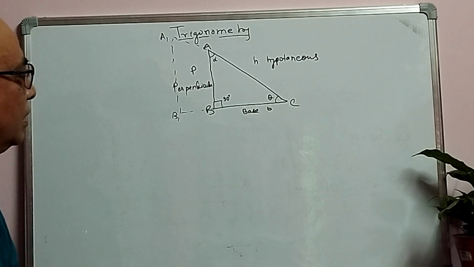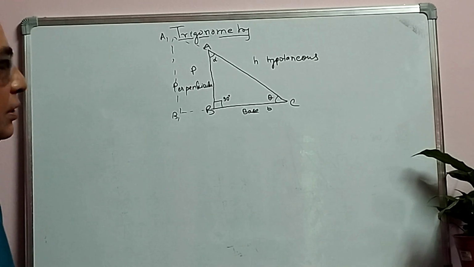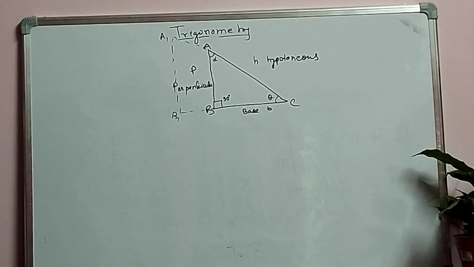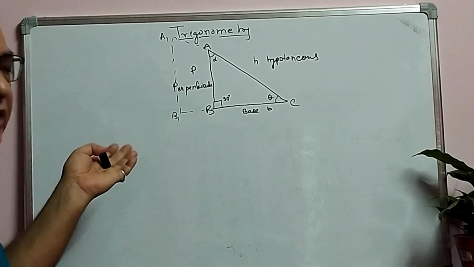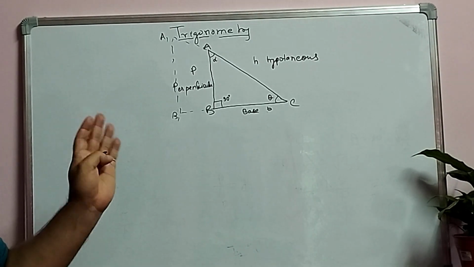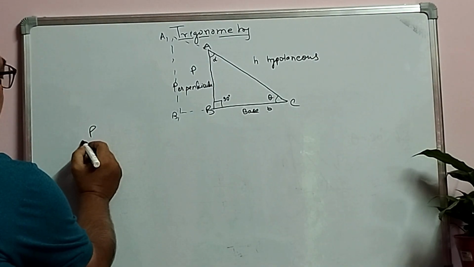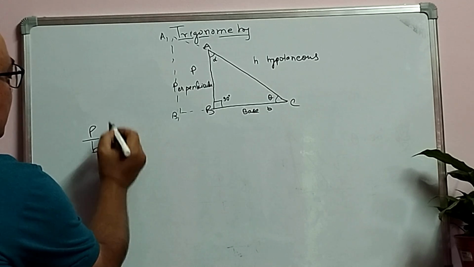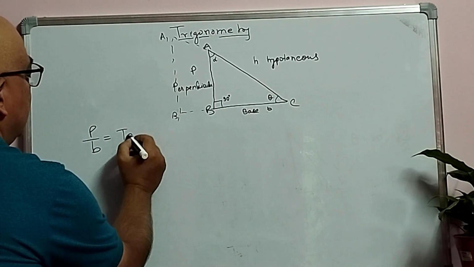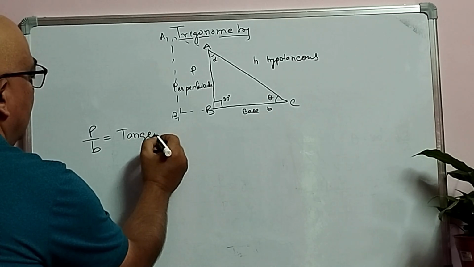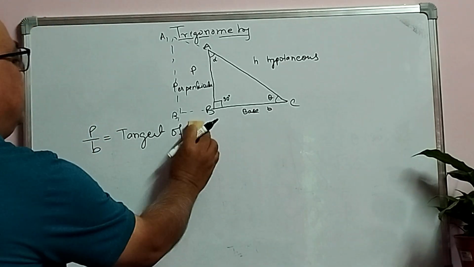And another thing we have to learn is that the ratios are named. The ratio of one side to the other is named. For example, P by B, perpendicular to base, is called tangent for angle theta.